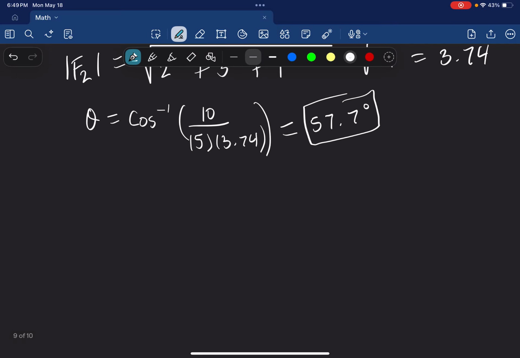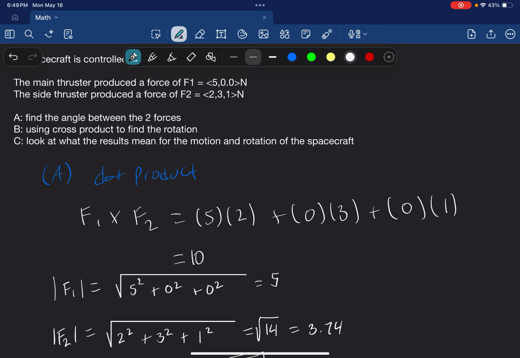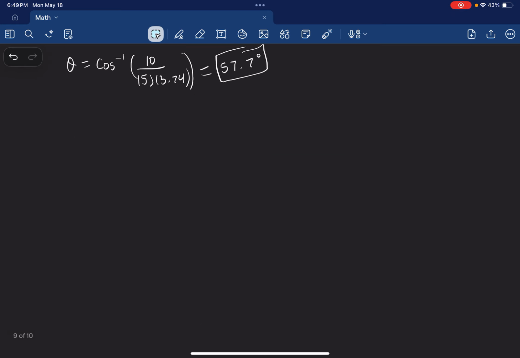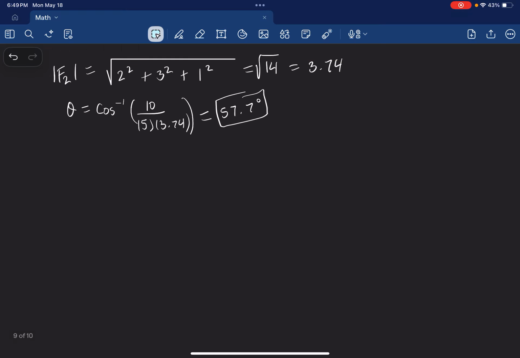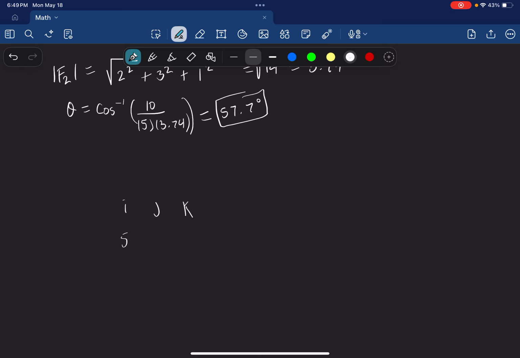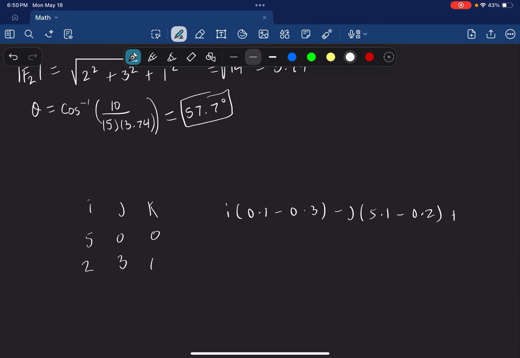So we can start off with the cross product. We are given all the necessary stuff here, and it'd be I, J, K, 5, 0, 0, 2, 3, 1. So I would be 0 times 1 minus 0 times 3, then minus J, 5 times 1 minus 0 times 2, and then for K, we'd add plus K, 5 times 3 minus 0 times 2.